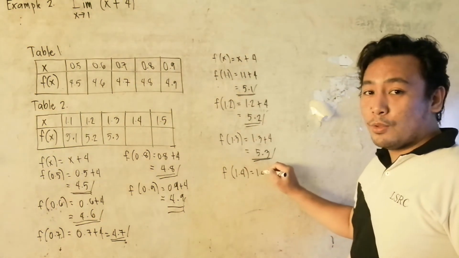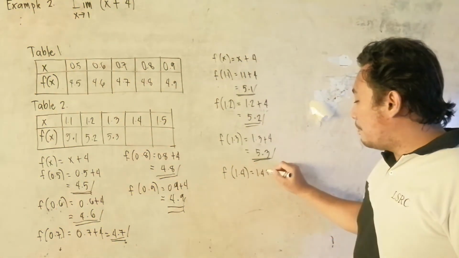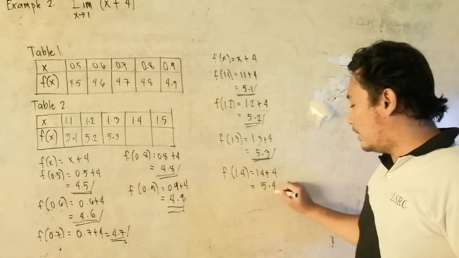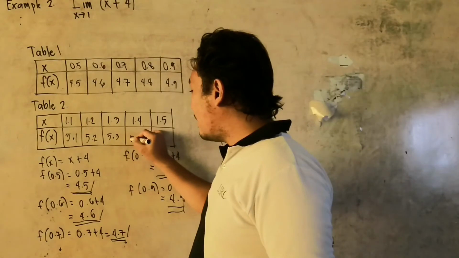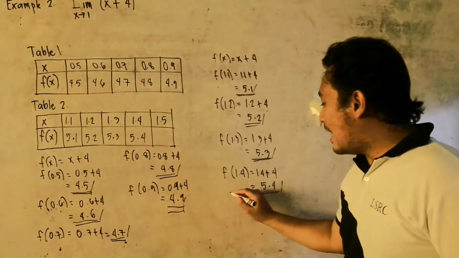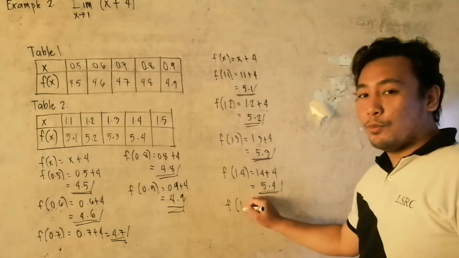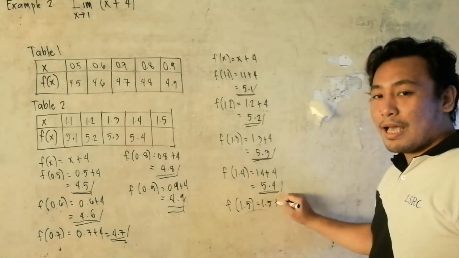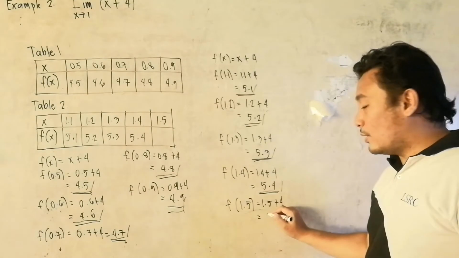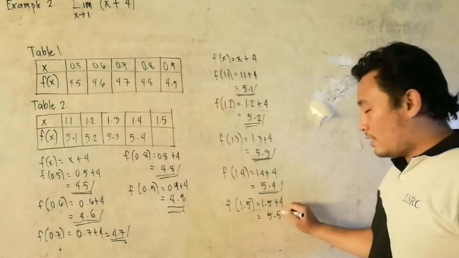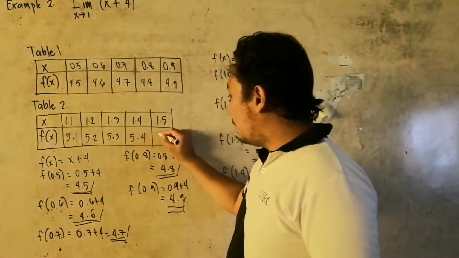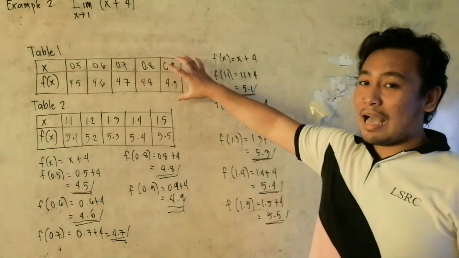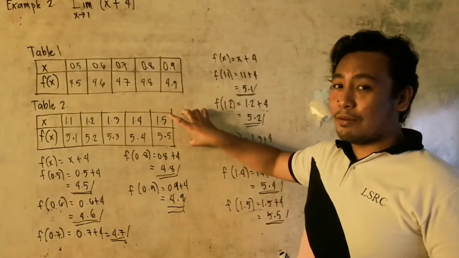So we have 1.4 plus 4. And this is equal to 5.4. We have 5.4. Lastly, we have f of 1.5. So we have 1.5 plus 4. And this is equal to 5.5. So now this is the table 1 and then this is the table 2.